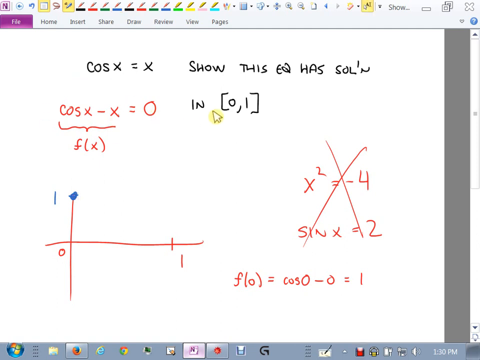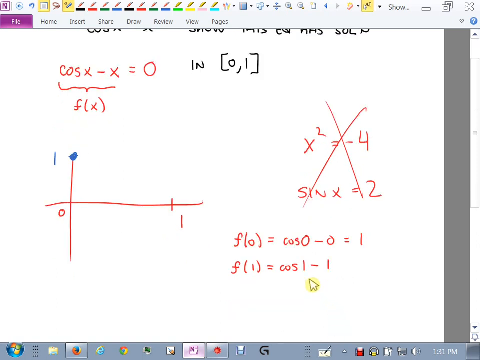Now plug in 1 into this function, the other endpoint of the interval. What's f of 1? Cosine of 1 minus 1. And to figure out what this value is, cosine of 1, what would you do?